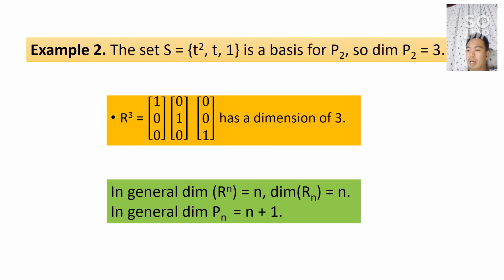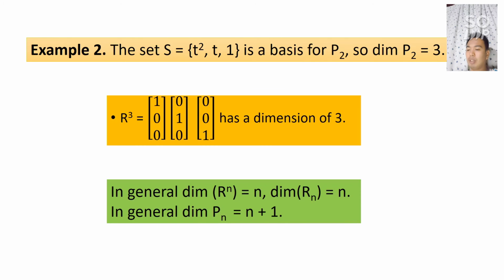We also have R cubed, the set forming (1, 0, 0), (0, 1, 0), (0, 0, 1), which has a dimension of 3. In general, the dimension of R raised to n is equal to n, and the dimension of R sub n is equal to n.